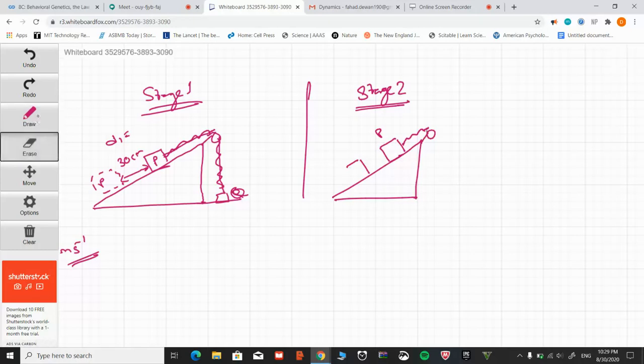So this was particle P's position at stage 1. All right. And it will move from that position some more. ঠিক আছে? So let me use different colors so that it makes sense.